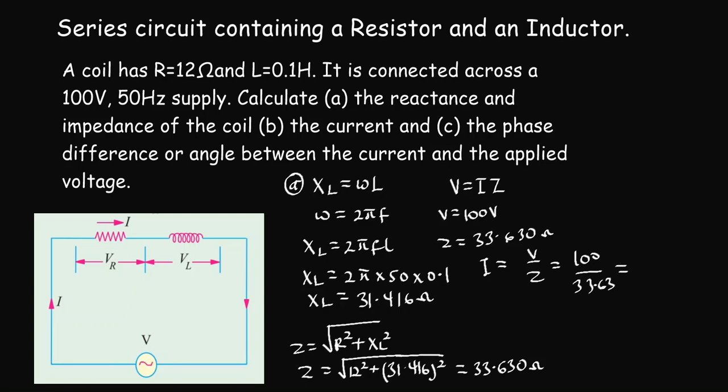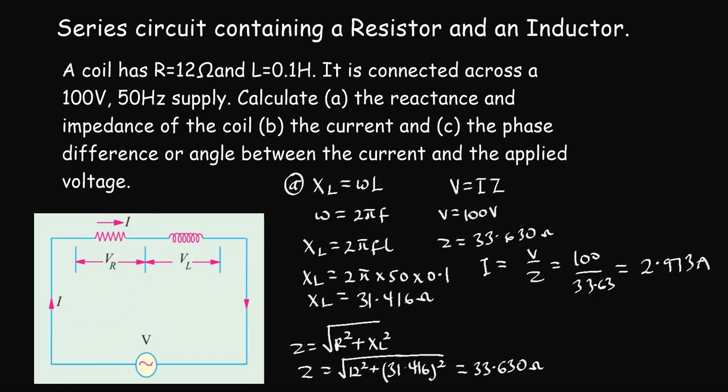Let's do this and see what you're going to get. This will give us a value of 2.973 amperes. So this will be the current flowing through this circuit.